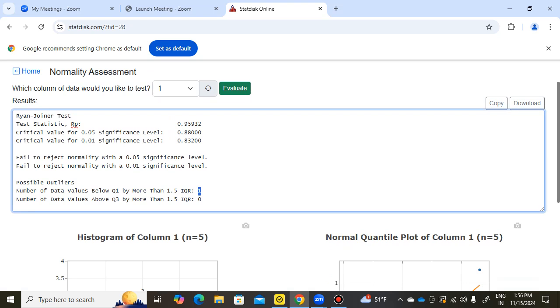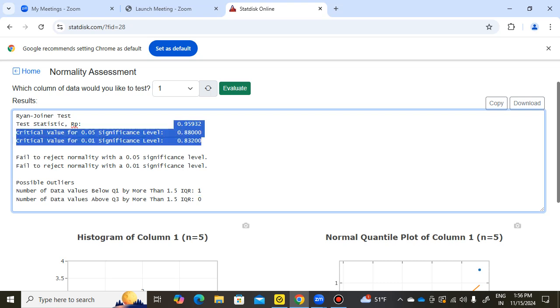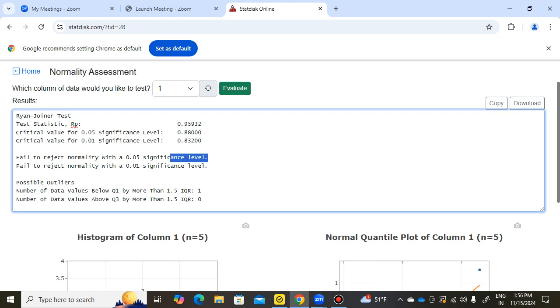So this data set only has one outlier. We won't worry about the stuff up top here, but it fails to reject normality at both levels there. So the normality test is saying that it can't reject normality. So there is evidence that we have a normal distribution here.